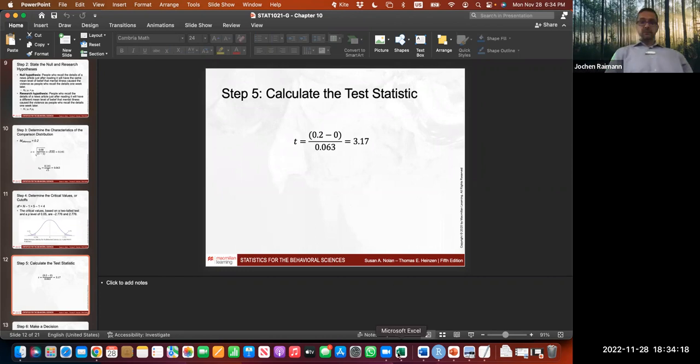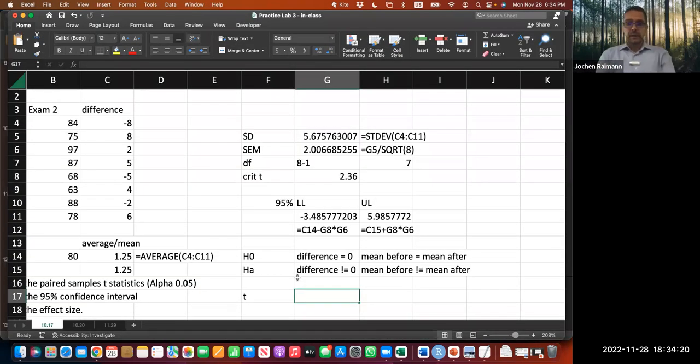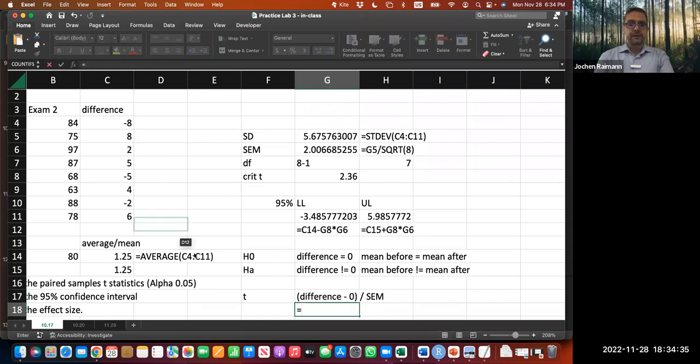And this is the same thing we're doing here. So we're doing here difference, parentheses, difference minus zero divided by our SEM. And in our case, this is 1.25 minus zero divided by our standard error of the mean.